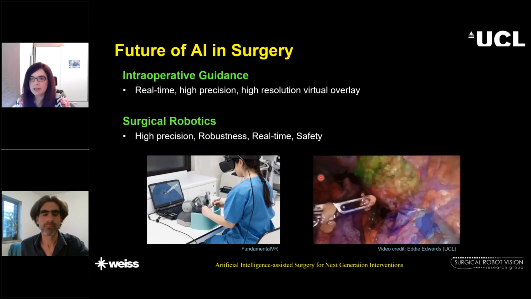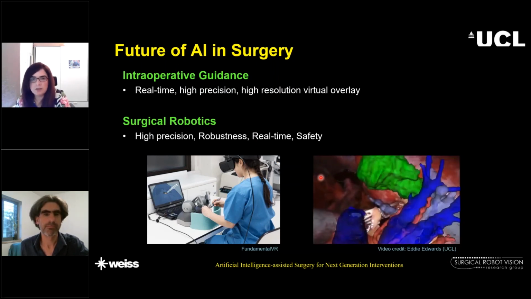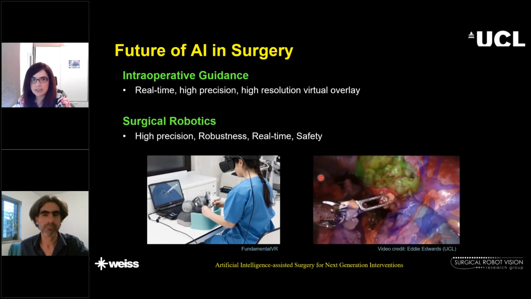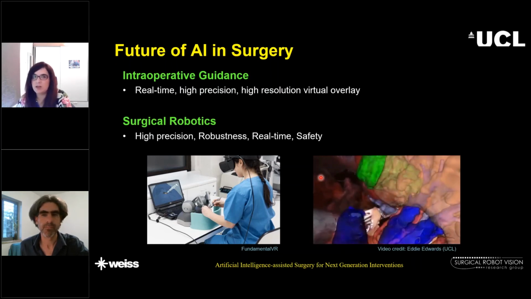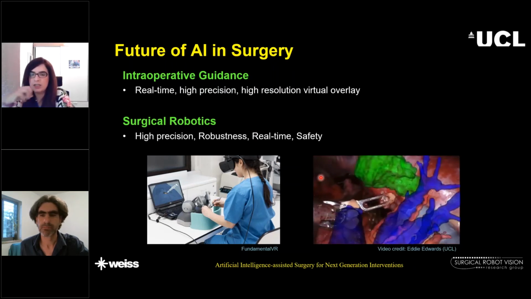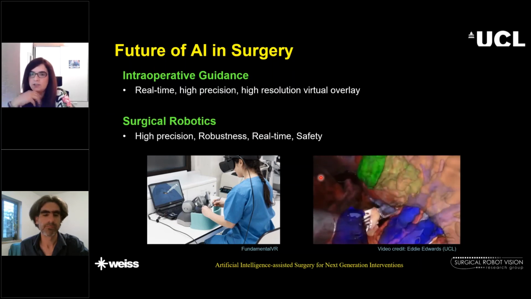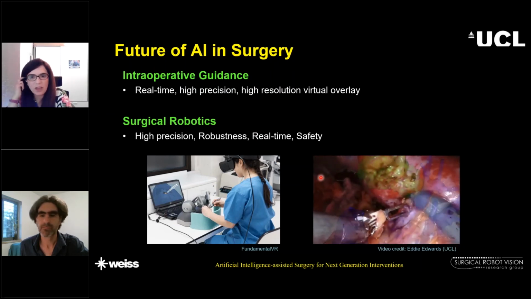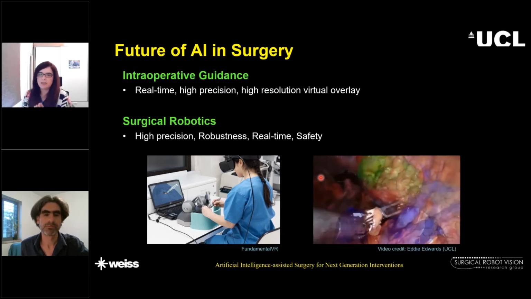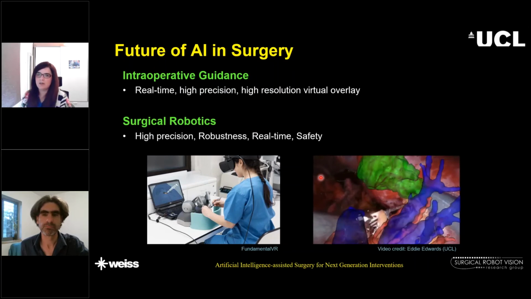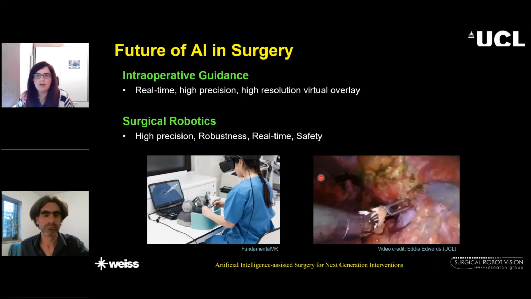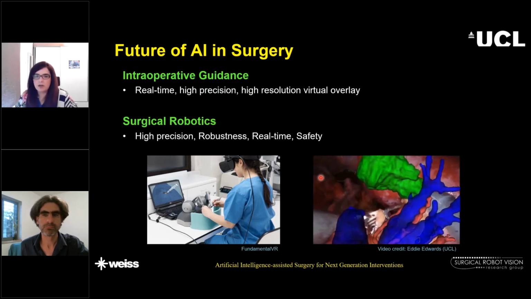On another side, we are developing novel robotic systems, soft robotic systems, which can enable high precision, robustness, and real-time and safe surgery and guidance during these surgical procedures. I would also like to mention that existing robotic systems, which are commercially available and widely used, are manually operated.